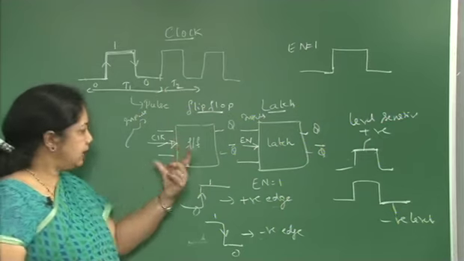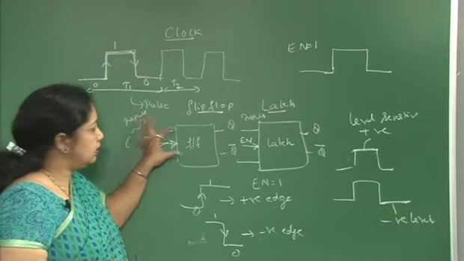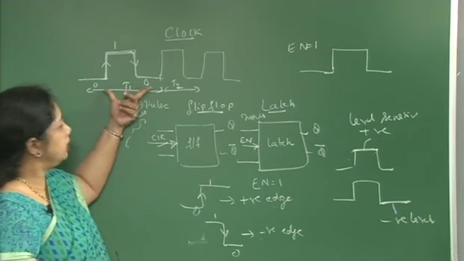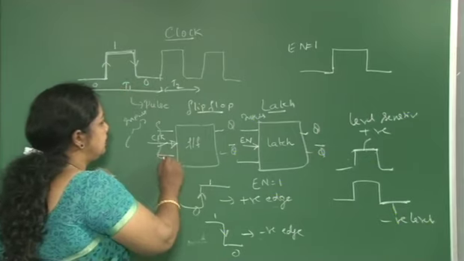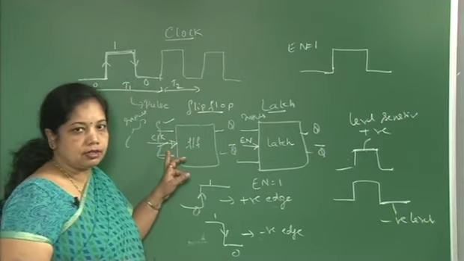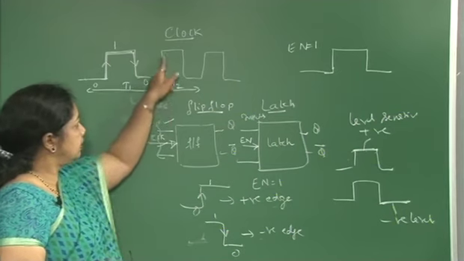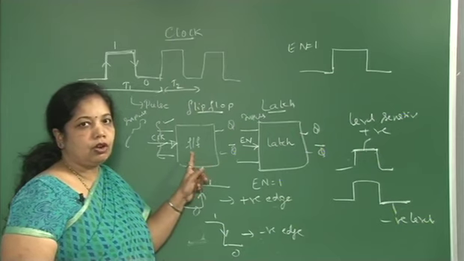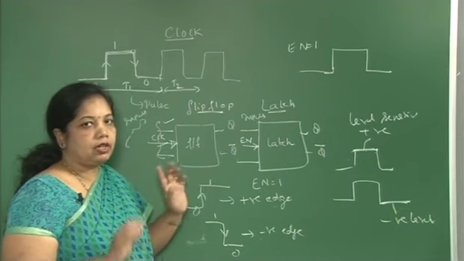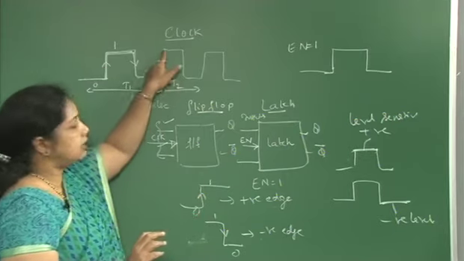Whenever I give any signals or inputs, it will respond only in this period. Suppose you change the input signals in between, before the next period, this flip flop will not do any change. The data cannot be changed until the next signal comes.